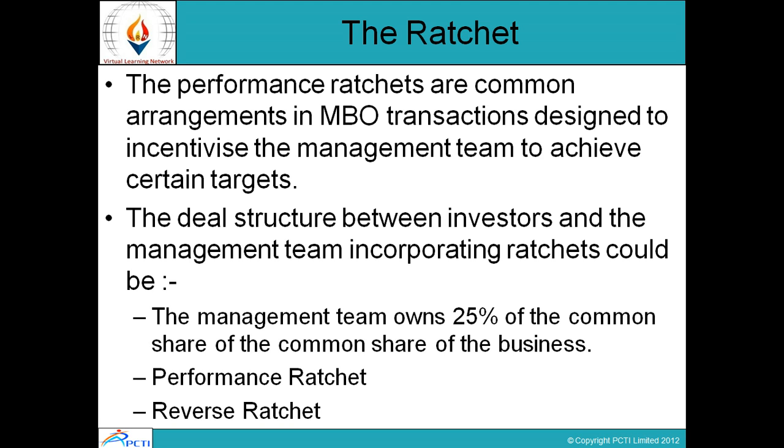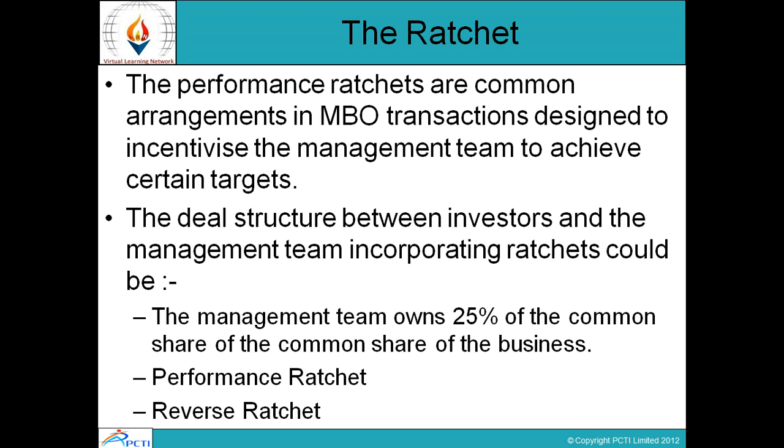If agreed targets are met, the management team also receives a larger stake in the business. Reverse ratchets are structured inversely to normal ratchets, in that if targets are not met by the firm, the management's stake in the business is taken back.